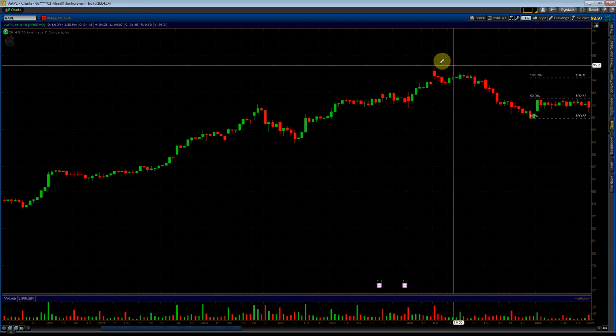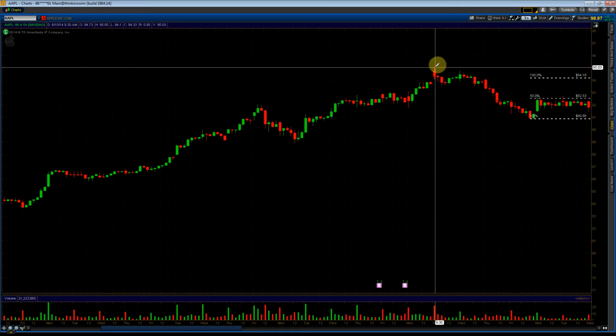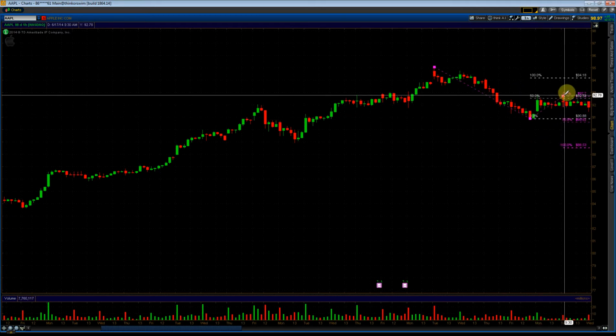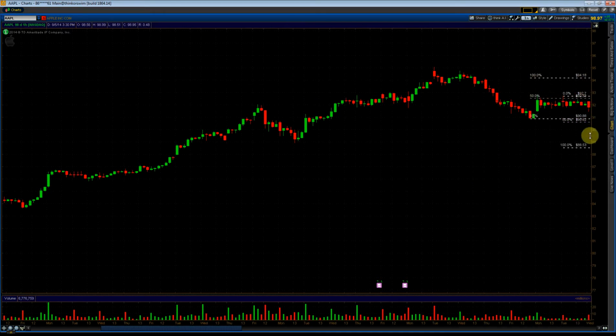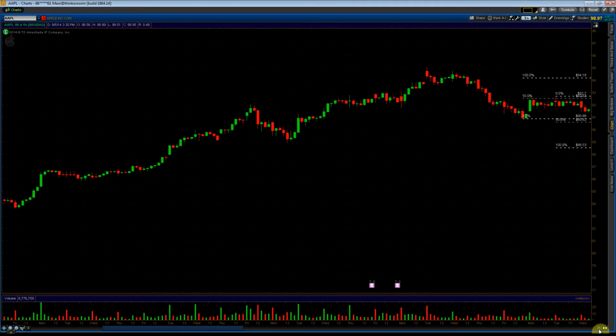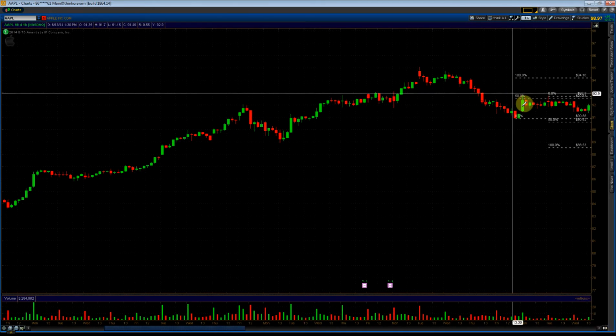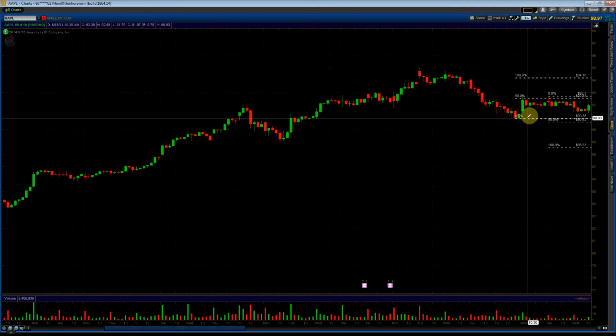Now at this point in time, I would take my high right here, my low, and this being the high, and I would enter a puts trade that would go in the money by this 88.53 target.